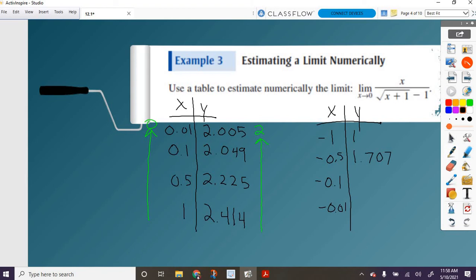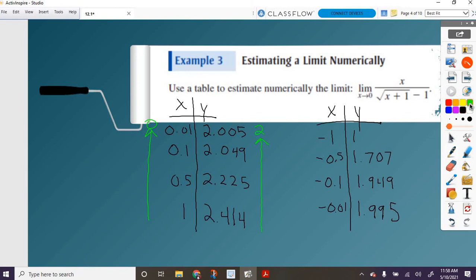Somebody else do that? 1.995. Okay, what about this one? Somebody get this? 1.9.